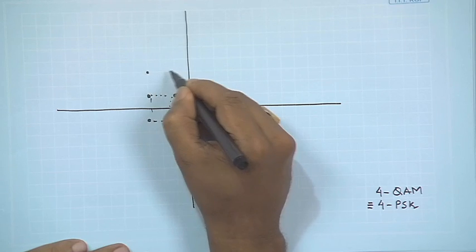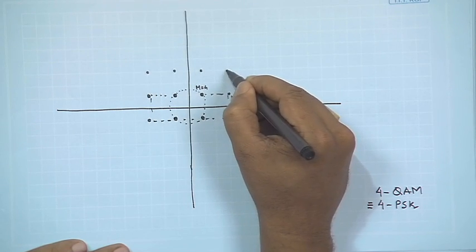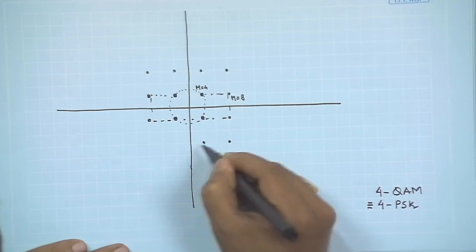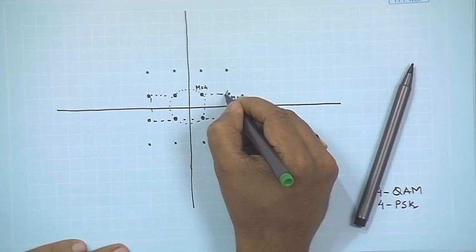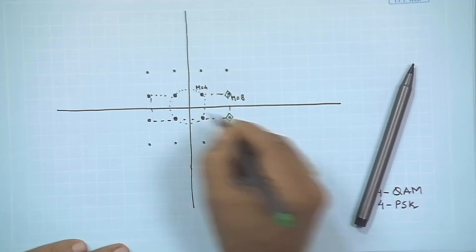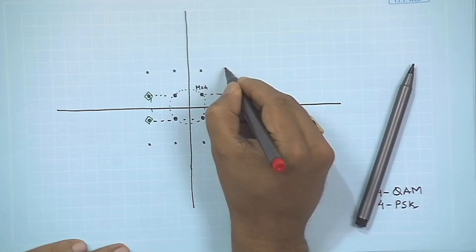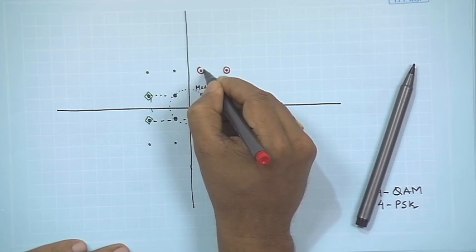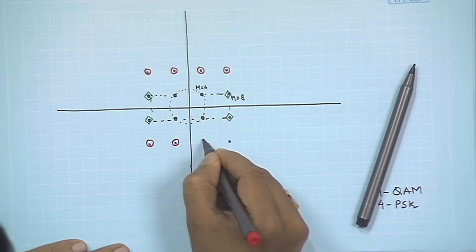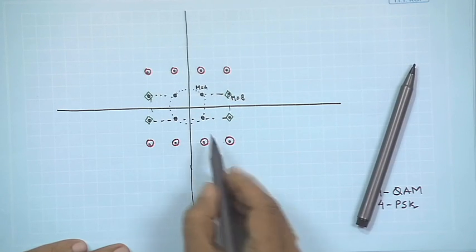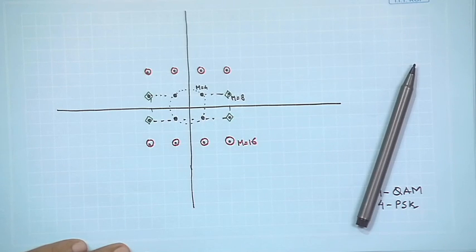And now, if we add a few more constellation points, so we would like to demarcate them a little bit differently, because these have been added to the existing set, and what we have created is 8 and 8, m equals to 16 constellation point.